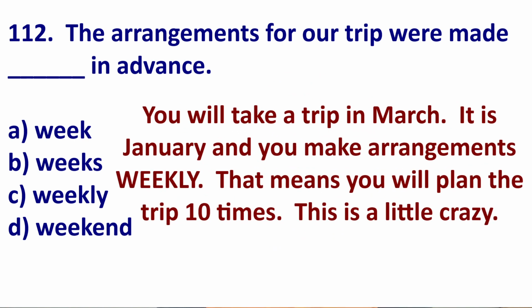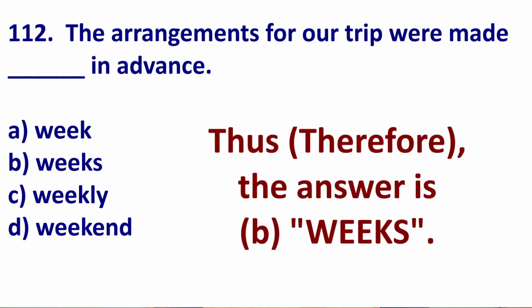Imagine your trip is in March and you start making arrangements in January. This is about 10 weeks. So if you said, I made arrangements for the trip weekly in advance, that means you made arrangements 10 times. That's strange. Therefore, the answer is weeks.